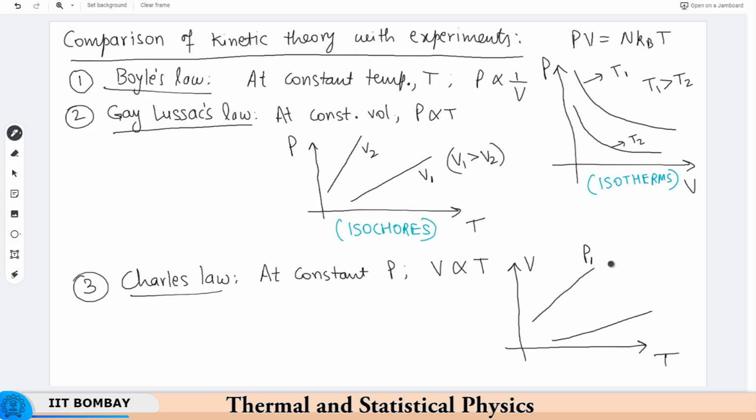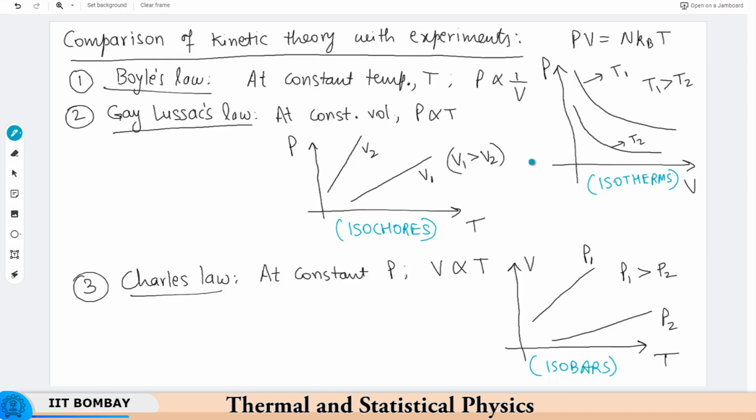This is at some pressure P1, this is at some pressure P2, and in this case P1 is greater than P2. Since these are curves at constant pressure, they are known as isobars. So these curves in the PV, PT and VT planes have special names: isotherms, isochores and isobars. Therefore, the kinetic theory does match with experiments over a certain range.